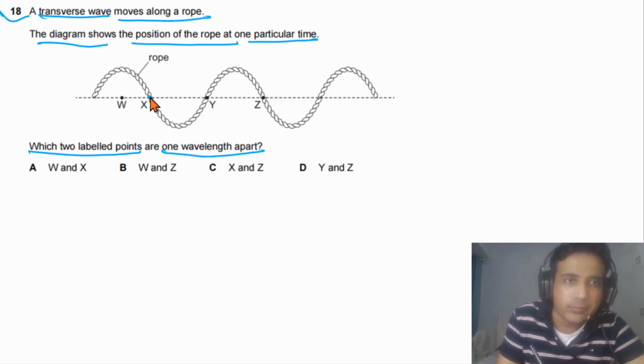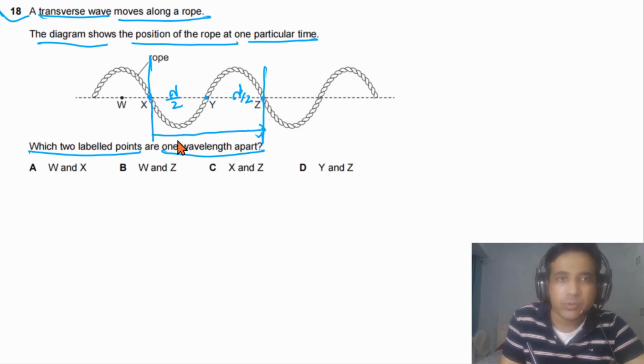So if you look at point X and point Y, they are lambda by 2 apart, and Y and Z are also lambda by 2 apart, meaning half a wavelength. So the distance between X and Z, because these are two consecutive same points, is equal to lambda. So the answer for this question is C.